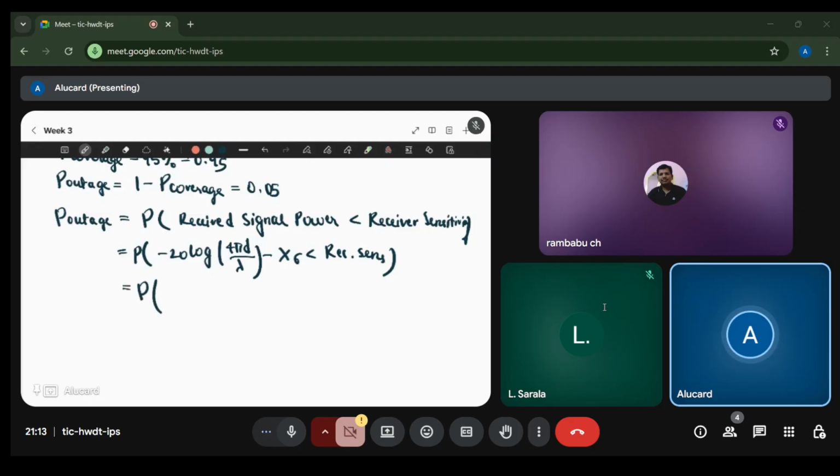If you rearrange the terms, X sigma is greater than the sensitivity minus 20 log the path loss.